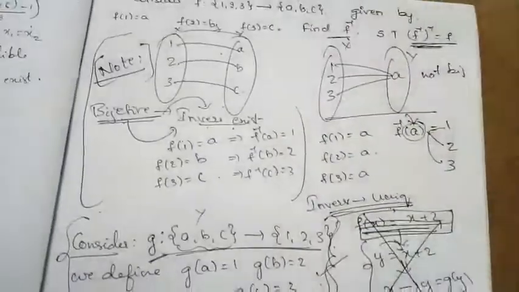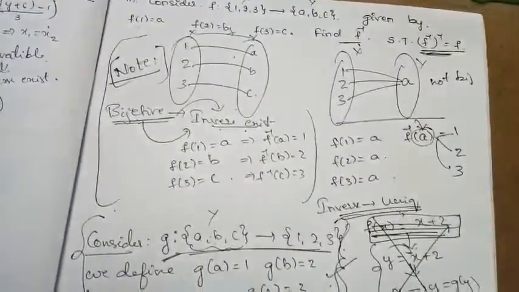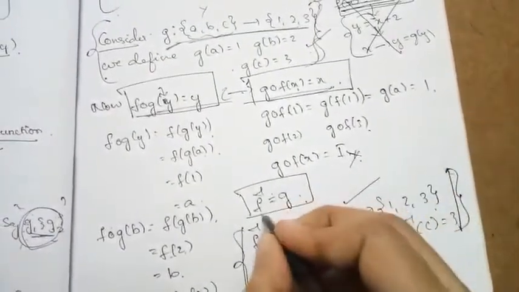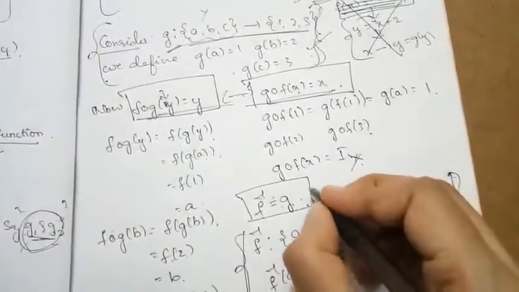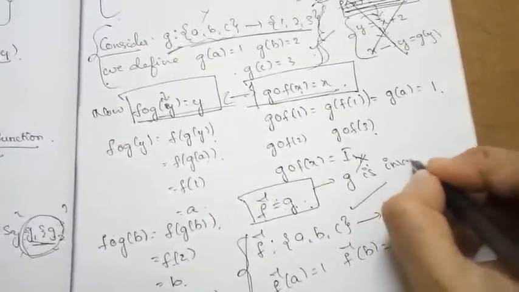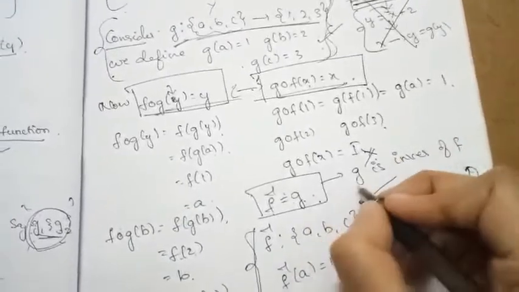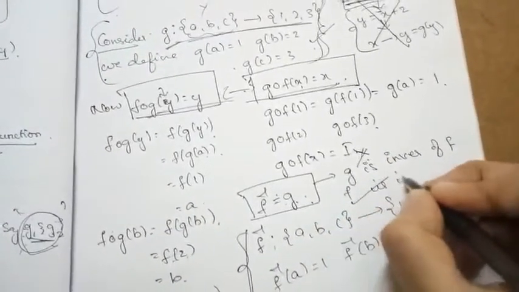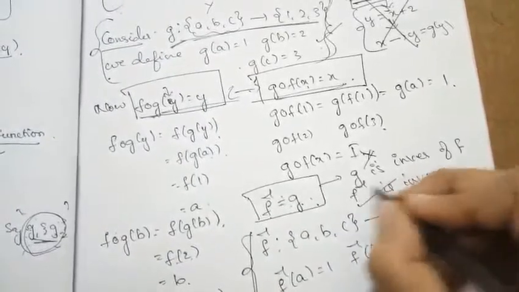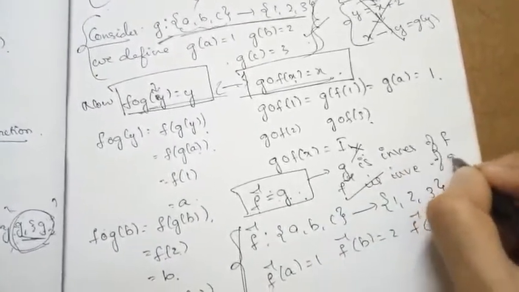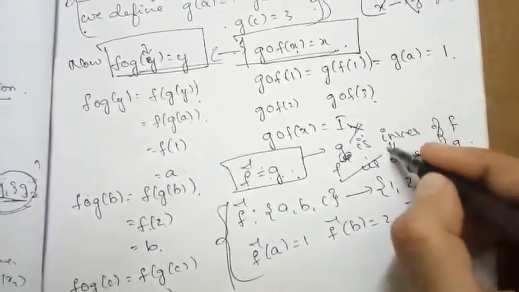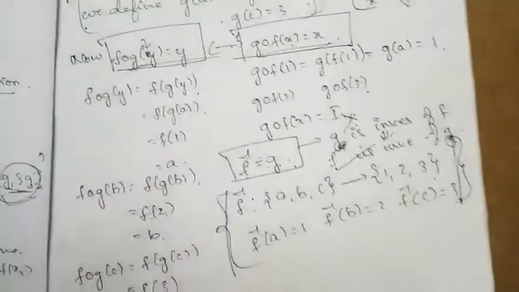Next, they asked us to show that f inverse whole inverse is equal to f. So clearly what we can say here is f inverse is equal to g, which implies g is the inverse of f, and it also implies f is the inverse of g. Suppose g is the inverse of f, it also implies f is the inverse of g.